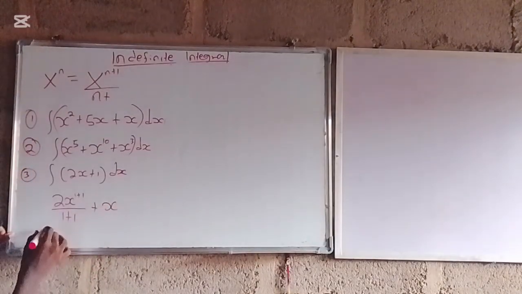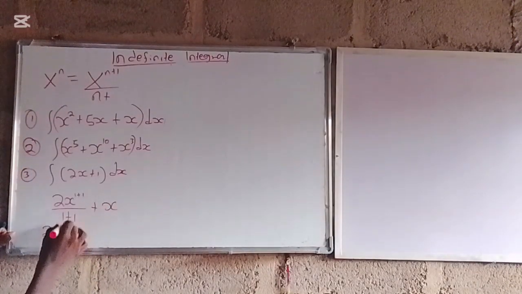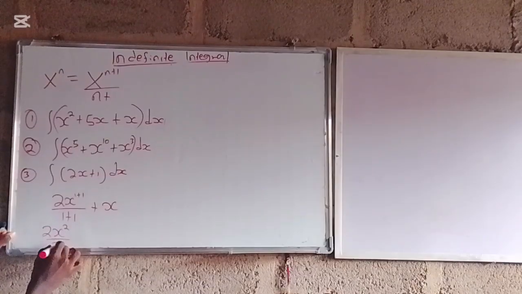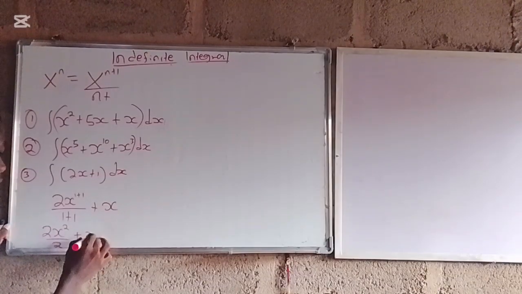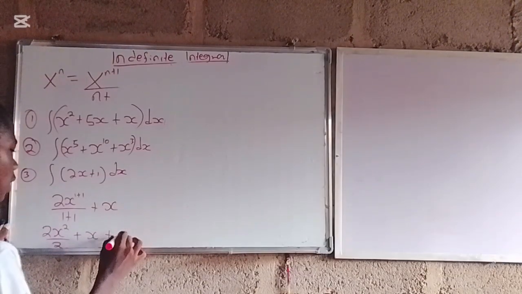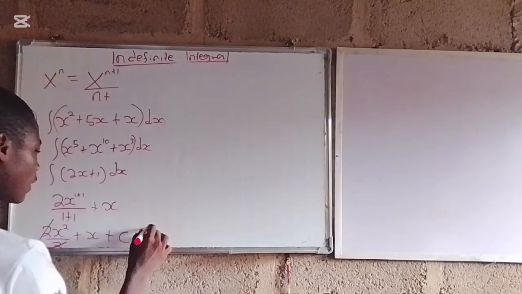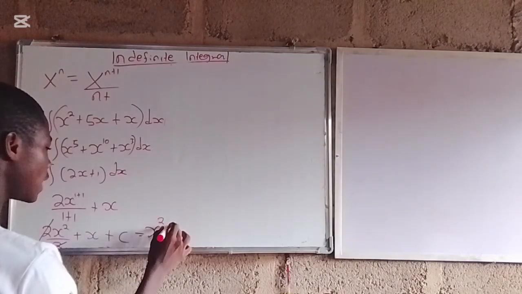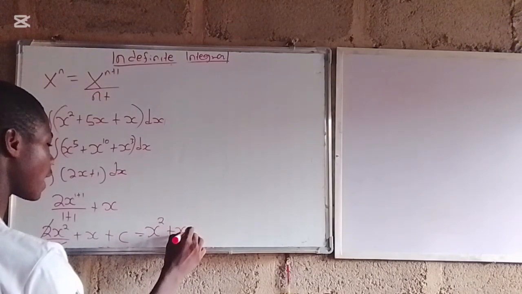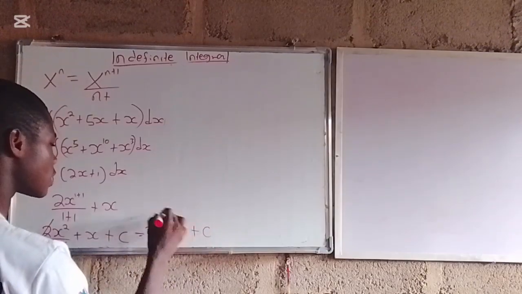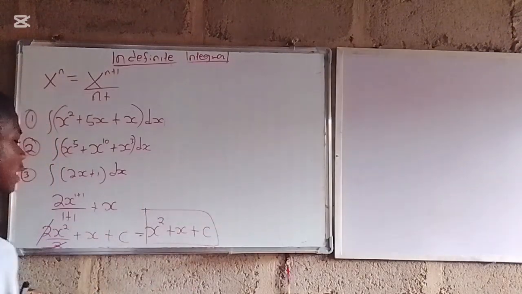So this should now be equal to 2x squared by 2 plus x plus a constant. So this 2 will go with this 2. At the end, I'll have x squared plus x plus c as the final solution.